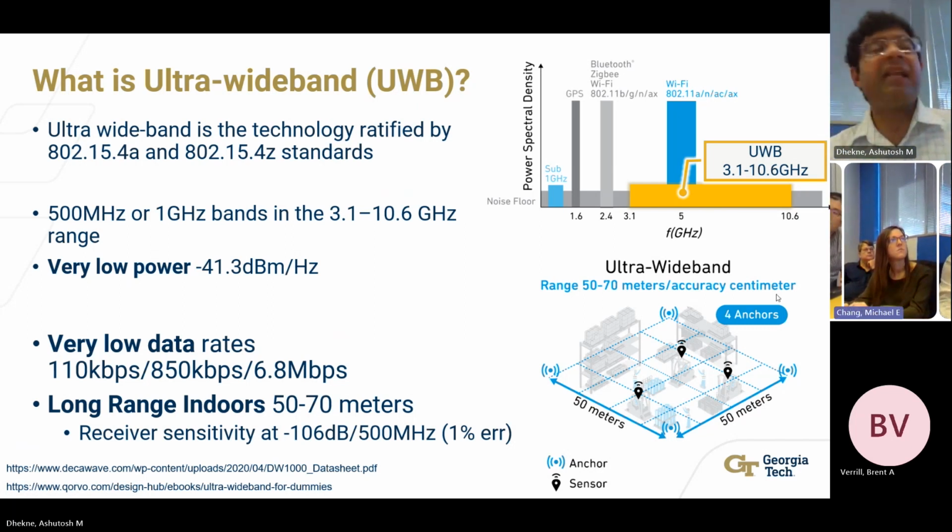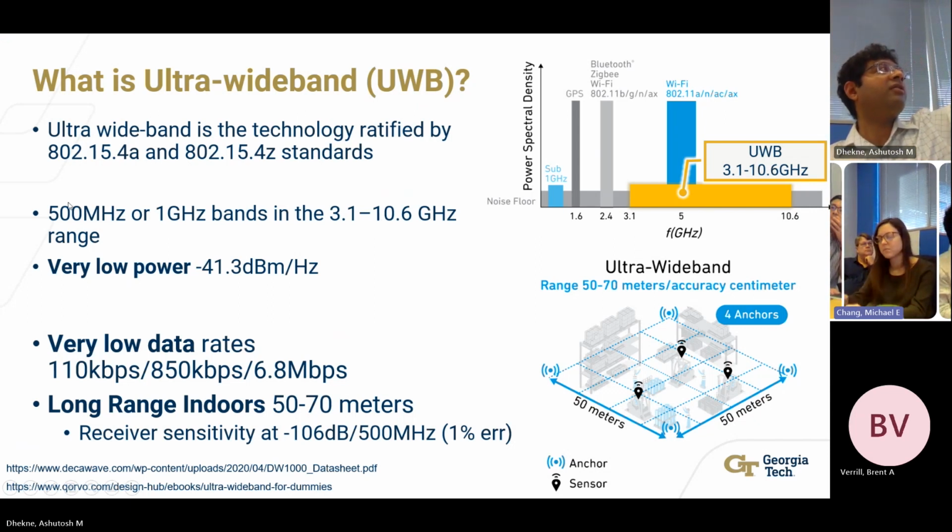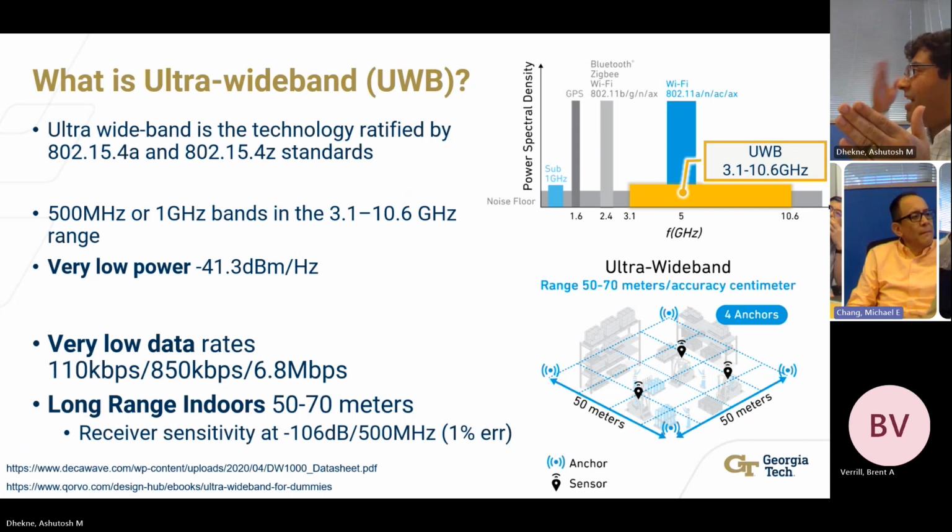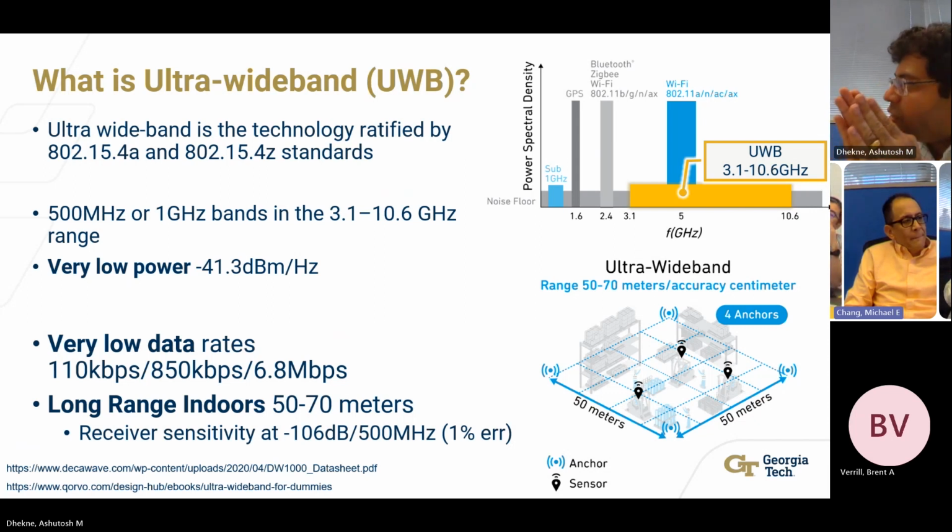When you have very large bandwidths, like this 500 megahertz bandwidth over here, you need an analog to digital converter which can sample at those fast rates, right? And that needs a lot of technological advancements to be able to do that in these small form factors. That was problem number one.